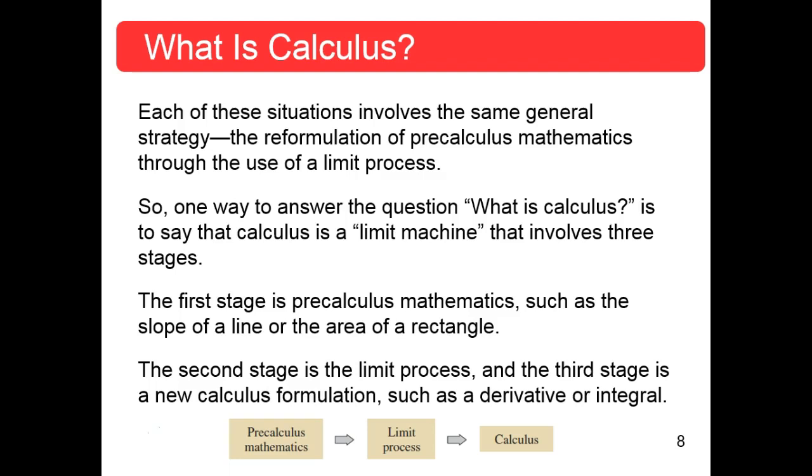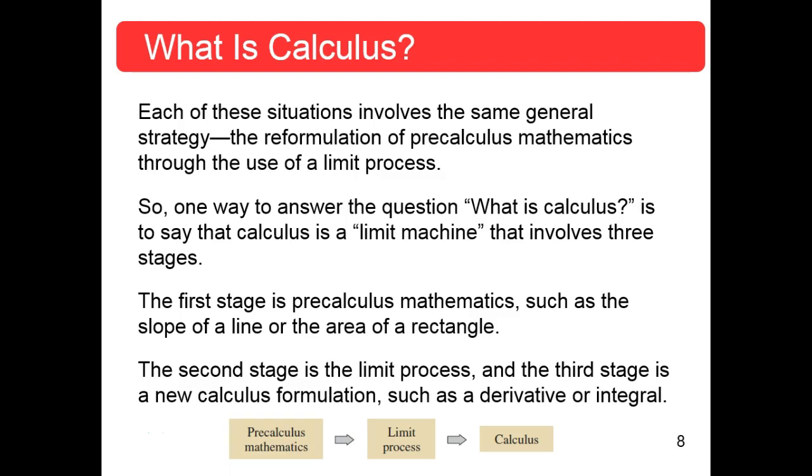So each of these situations involves the same general strategy: the reformulation of pre-calculus mathematics through the use of the limit. That's the thing that ties the two together. It extends pre-calculus and gets us into calculus. So one way to answer the question, what is calculus? I've never heard this one before, say that calculus is a limit machine that involves 3 stages. The first stage of this limit machine is the pre-calculus mathematics, such as the slope of a line, the area of a rectangle.